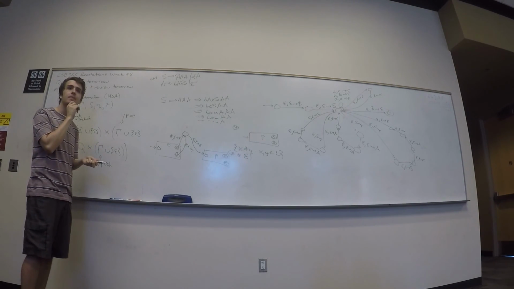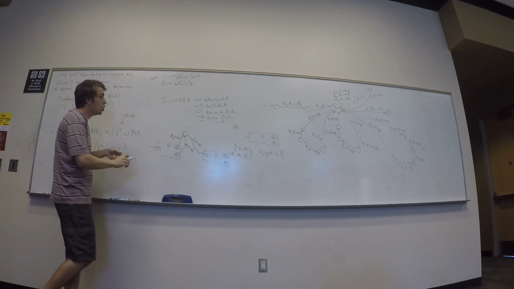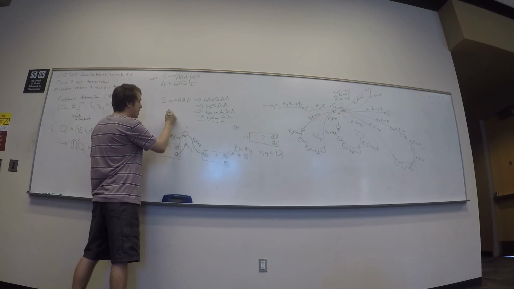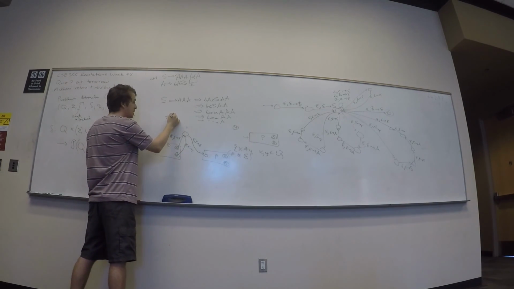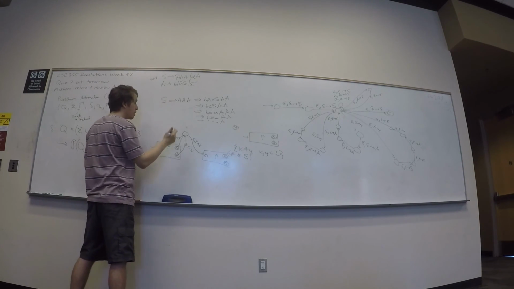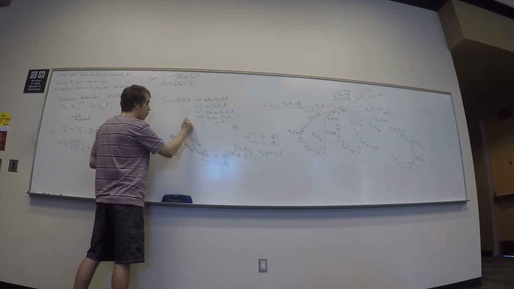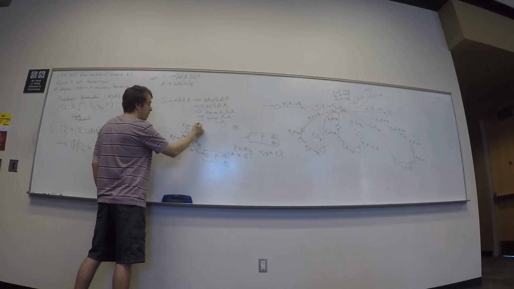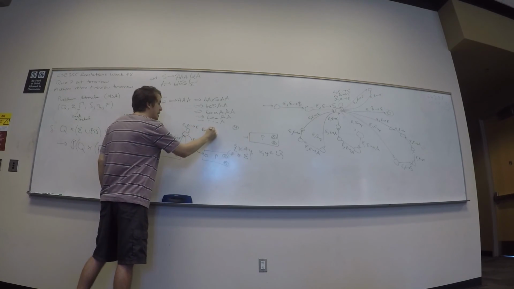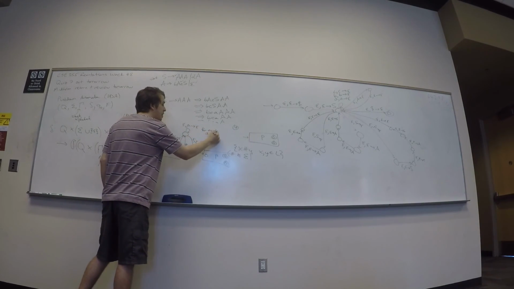Well, I could make a loop. So let's say that the alphabet is, okay. So let's make a loop for not reading, pop the A off, epsilon for each A in the stack alphabet.